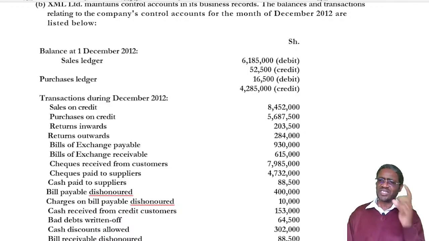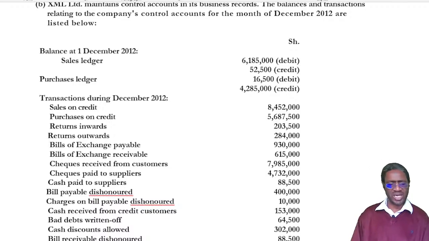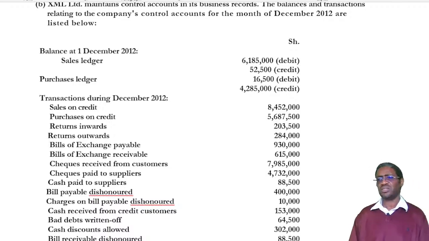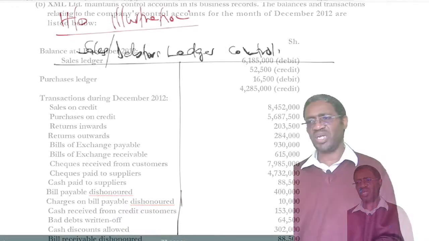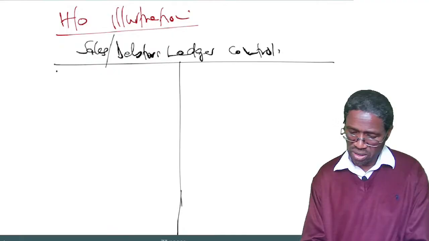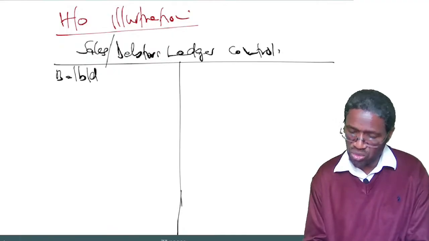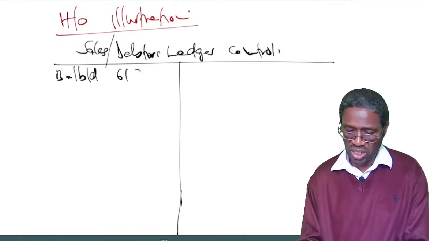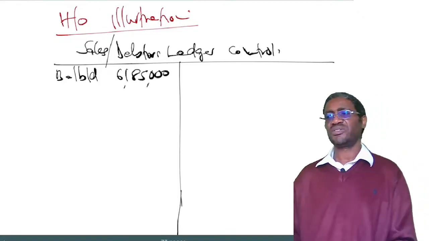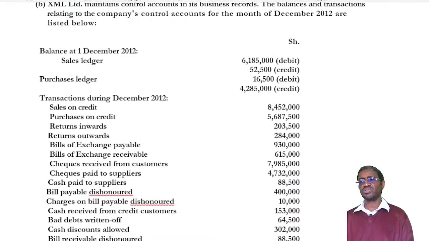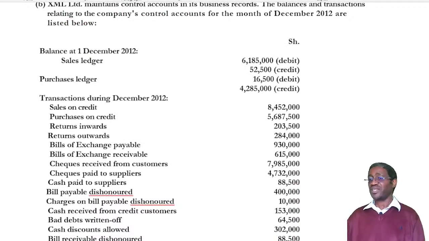You are given the sales ledger as a debit of 6,185,000. So let's bring it down now, 6,185 as a debit. If it's a balance by the beginning, I told you just debit 6,185. Are you there? Good. Then I told you another one. By the beginning, we have a credit of 52,500.